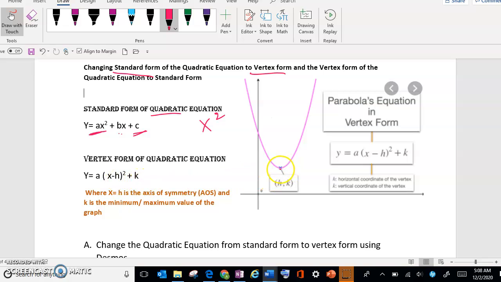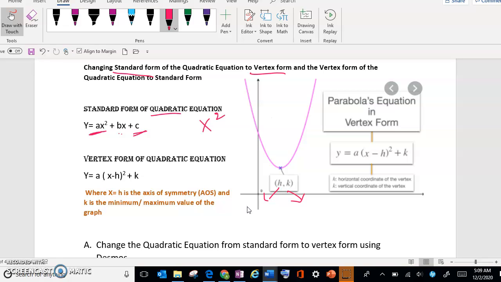Yesterday we talked about the coordinates of the vertex of the parabola. Vertex is the centermost point of the parabola, which is the highest point or the lowest point. The x part of the vertex is h, and the y part of the vertex we called k.